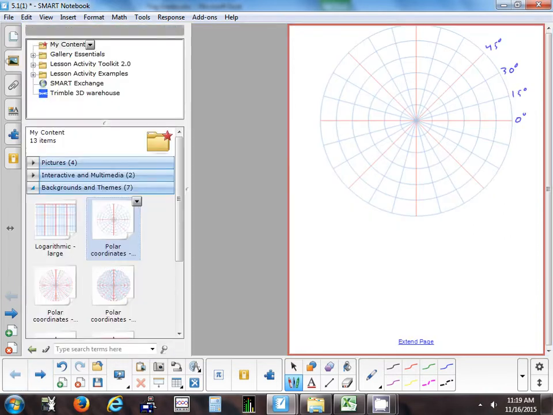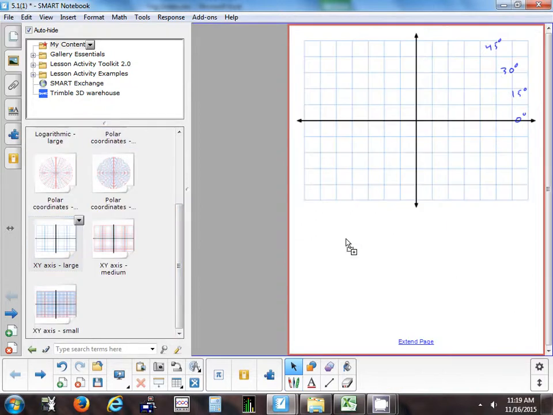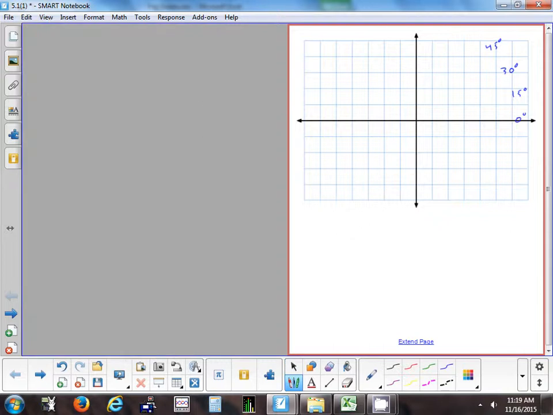If I can find it. Okay, with this kind of graphing, if you want to get to this point, there's only one way to do it. You've got to go right 3, up 1. I can't say, give me another way to get to this point. There isn't. But with polar, there's multiple ways to get to the same point.